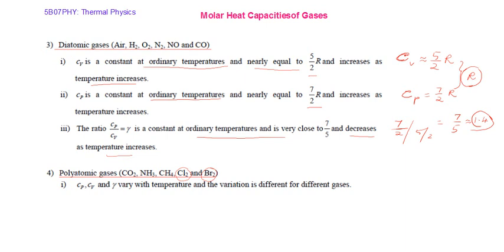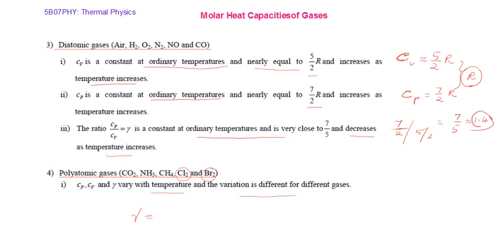Anyway, all these triatomic and higher gases have Cp, Cv and gamma varying with temperature, and the variation is different for different gases. In general, the value of gamma shows a large variation, from some 1.1 to 1.3.